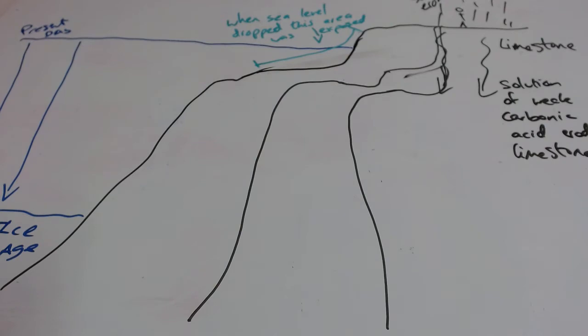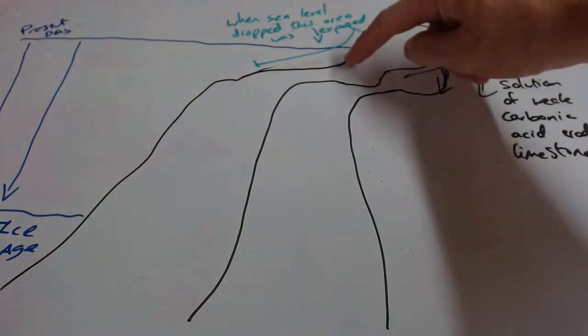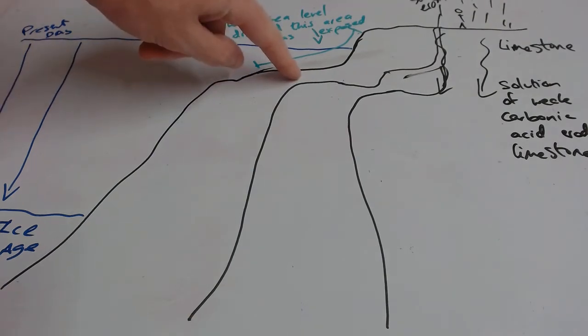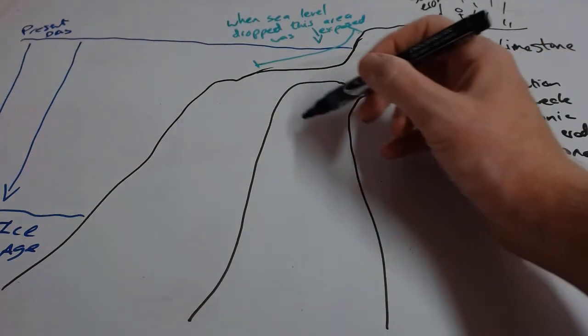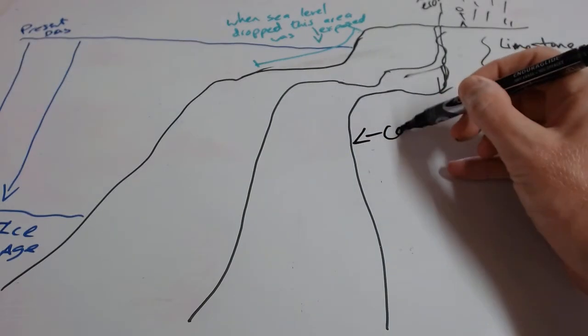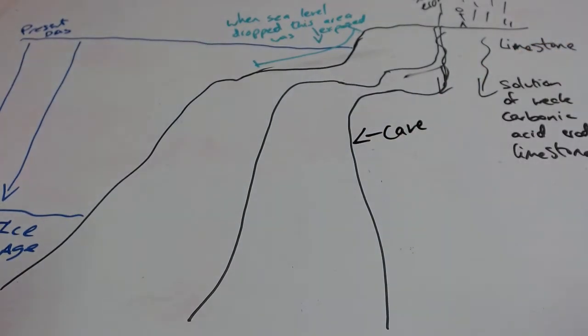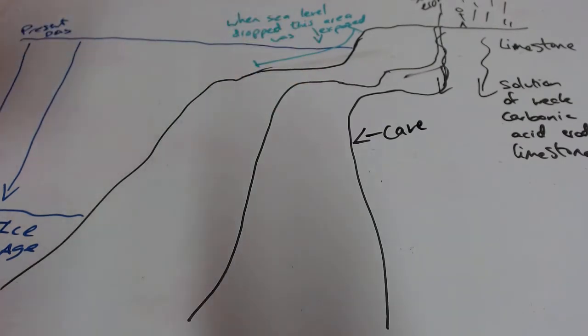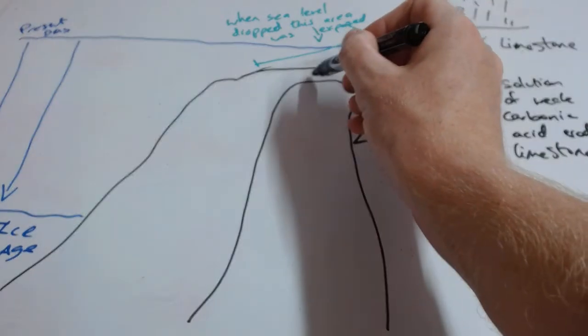You will also notice, when you go to Dean's Blue Hole, there's a cliff on the land side, so you can see the erosion has taken place. That made this piece very narrow. So we have cave. Now this was very, very narrow, so it started to fall down in pieces here.